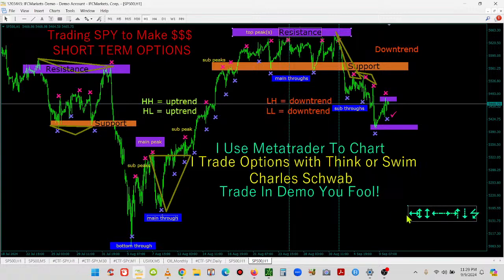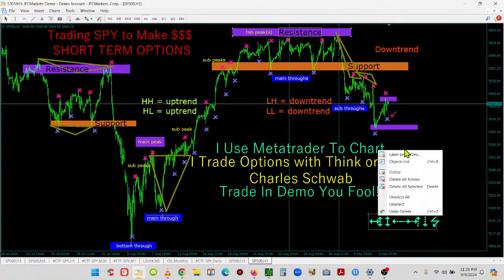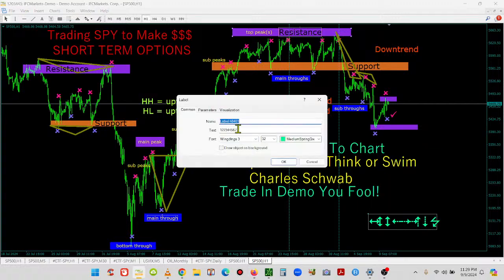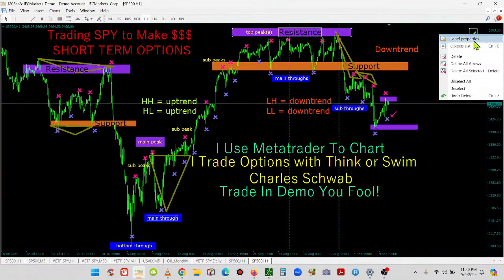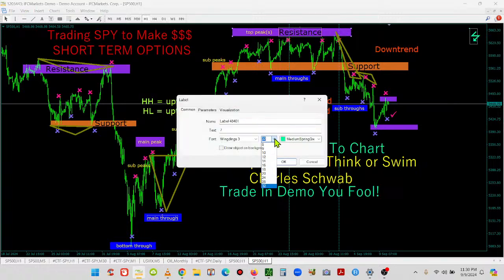I'm just messing around right now. That one's kind of cool. For right now, we'll be Wingdings 3. That's our group. That's our trading symbol right there. We are super traders, and we're Wingdings. We're Wingdings 3. Let's see if we can make that bigger.